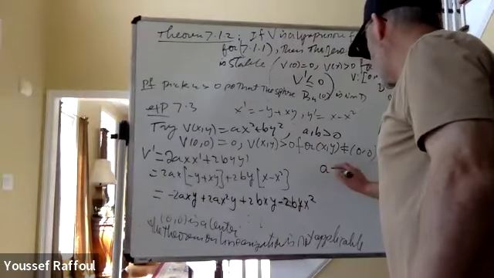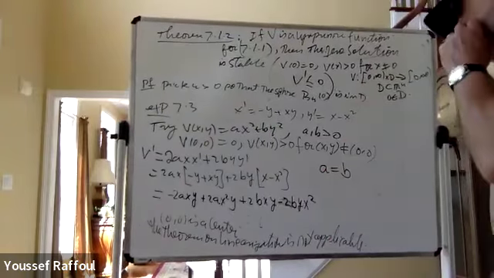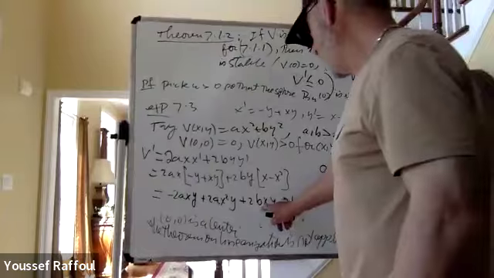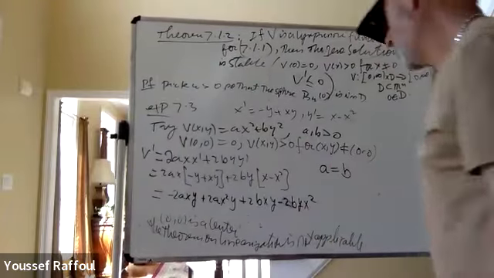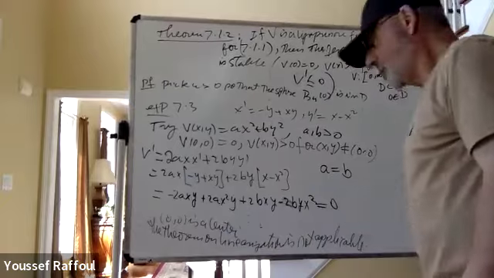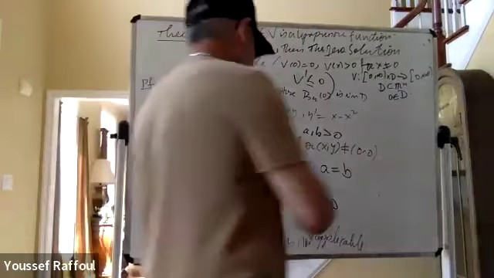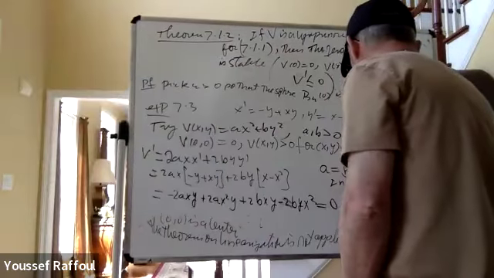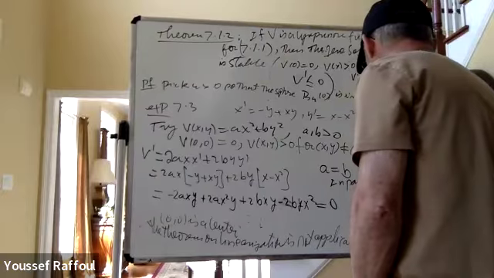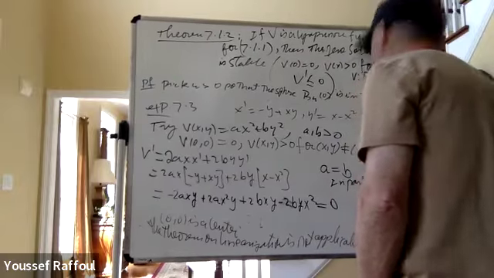How about if I take a equal b? If a equals b, these two will cancel out, and these two will cancel out. So I'll take anything with a equal b, and in particular a equal b equal 1/2.